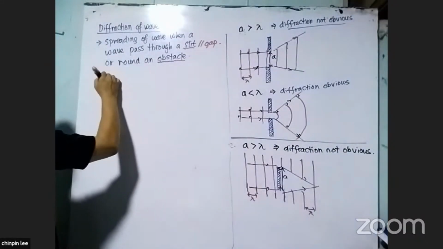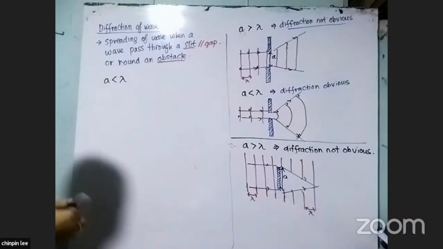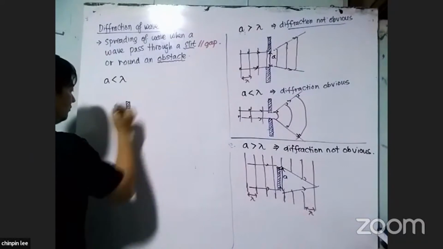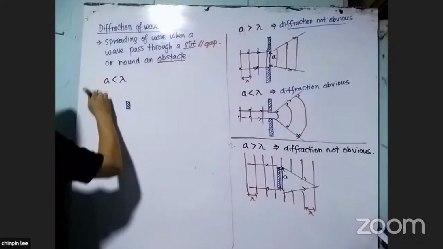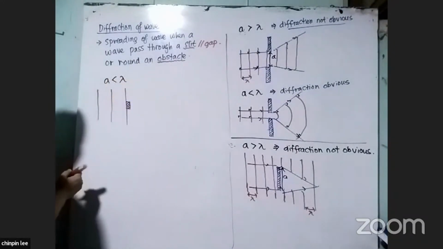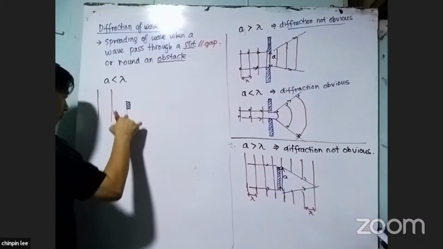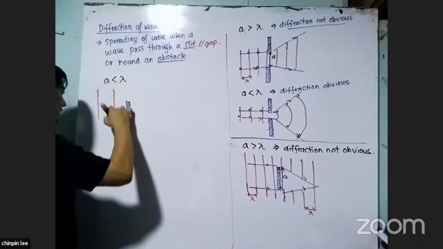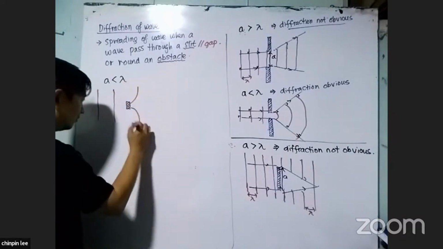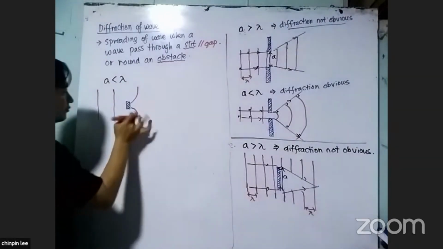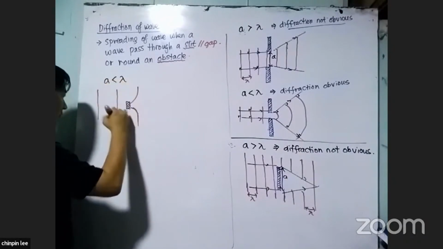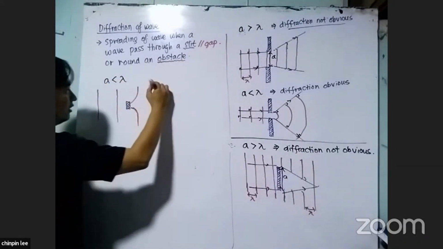Okay. What if A is smaller than lambda? When the lambda is big, I find that this one, it bends a lot right here.